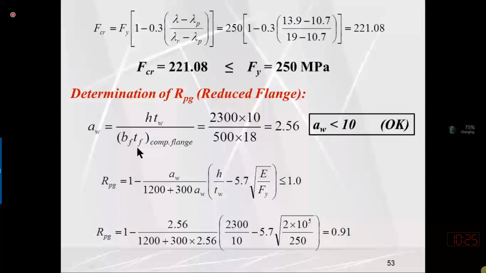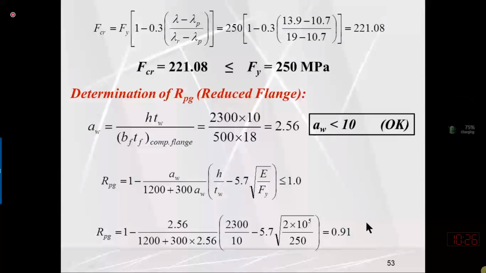Web area is 2300 into 10, and for the reduced flange area you substitute 500 into 18. So AW is 2.56, which is less than 10. In this expression, you substitute the AW value, height of the web over thickness of the web, and E over Fy. When you compute the RPG value, the answer is 0.91.